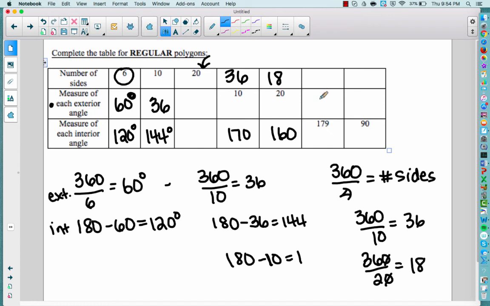I'm going to then find the exterior angle, which is 1. I'm going to do 360 divided by 1, which gives me 360. So this has 360 sides. All right, the next one, the measure of each interior angle is 90. I'm going to find the exterior angle, which is also 90 because they have to form 180. And then I'm going to do 360 divided by 90, which gives me 4. So a 4-sided figure.